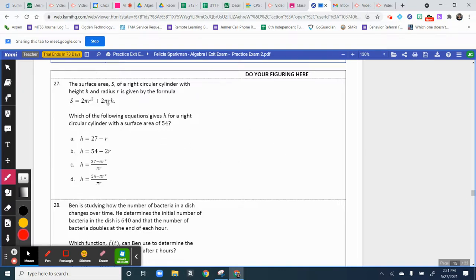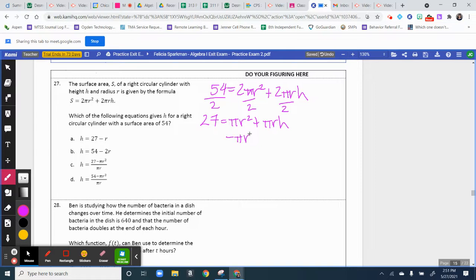So the 54 is going to replace the S. So we end up with 54 equals 2 pi r squared plus 2 pi r h. Everything is even, so the first thing I can do is divide by 2. So then I get 27 is equal to pi r squared plus pi r h. I want h by itself, so I'm going to subtract pi r squared.